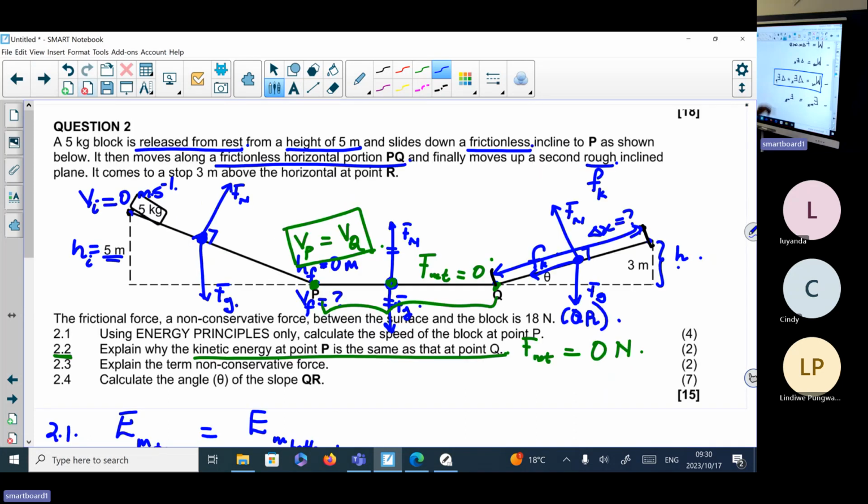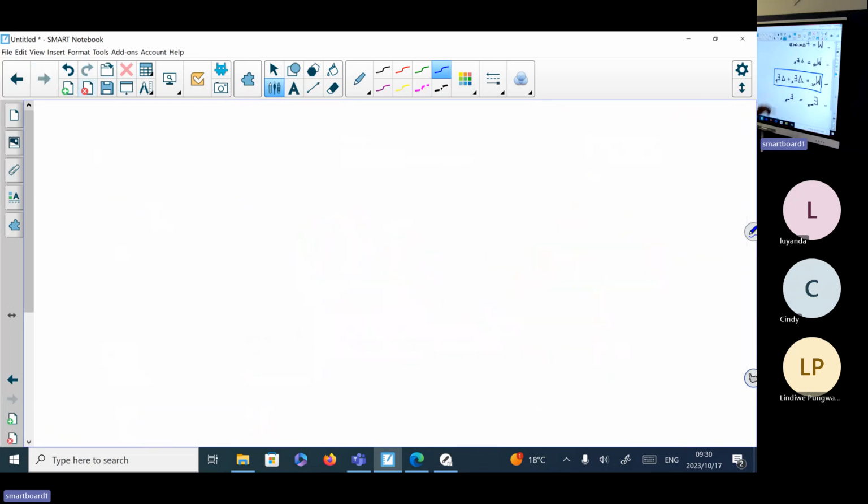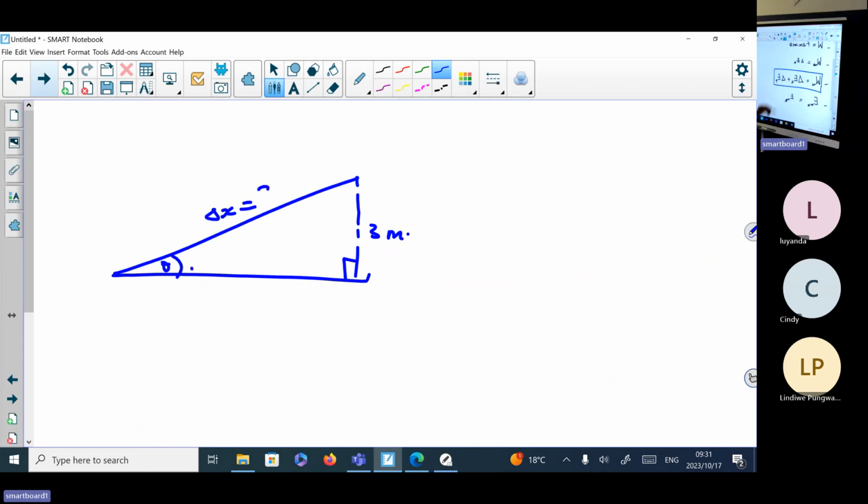Let me write on a clean page. I think the easiest way for us to do this would be, remember you are given this, and this is the angle. This displacement, if we can calculate it, it should be easy for us to find the angle theta, because remember that from mathematics, this is the opposite side and this is the hypotenuse.